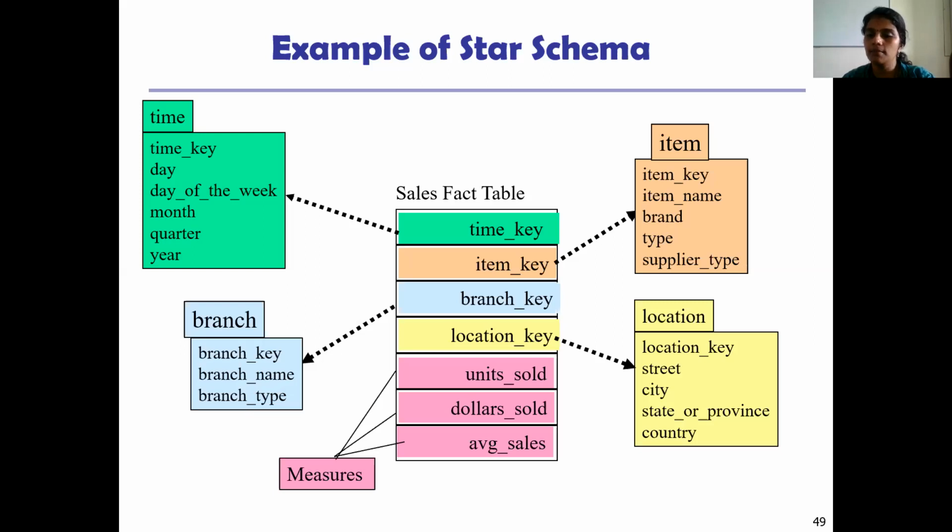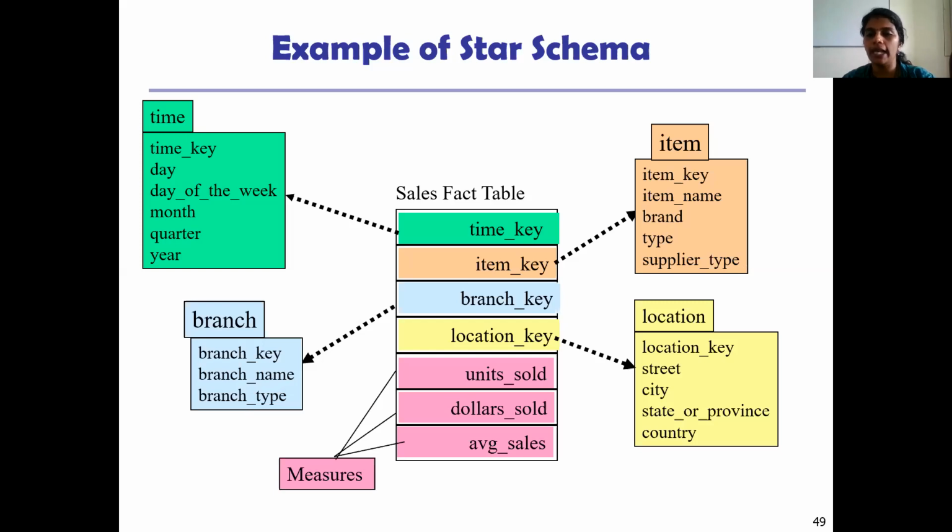Coming to the item dimension table, apart from the item key, you have other attributes like the name of the item, the brand, type, and the supplier type. Coming to the location dimension table, you have the location key. Apart from that, you have multiple attributes like the street, city, state or province, and country, which describe the location.